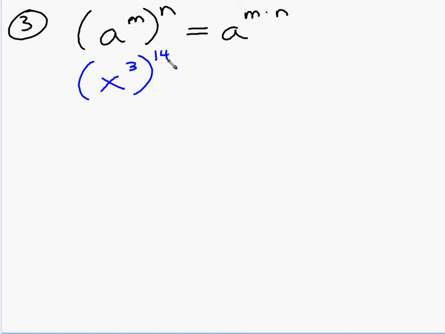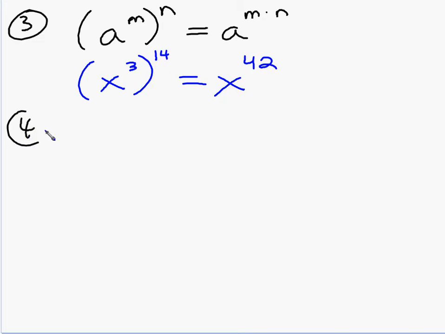If I have a power to a power, I multiply the exponents. So 3 times 14 is 42, I believe. So this will be x to the 42nd power. Yeah, x, whatever. I was using a up there and just kind of need some more coffee this morning.